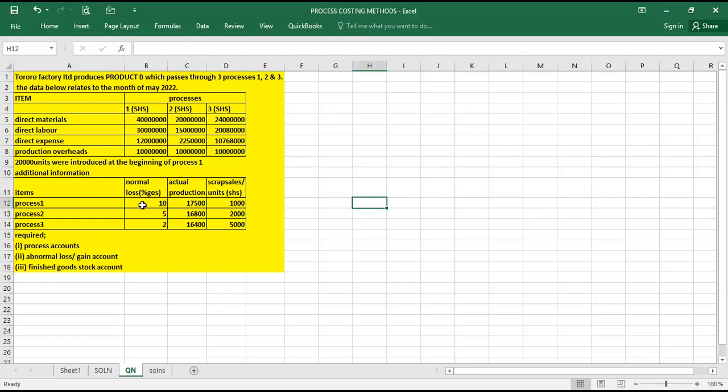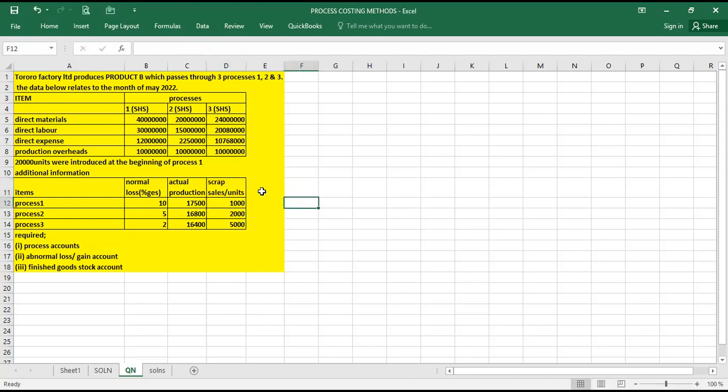We have the normal losses in percentages. We have actual production, these are in units. Then we have the scrap sales, and these are also in units.